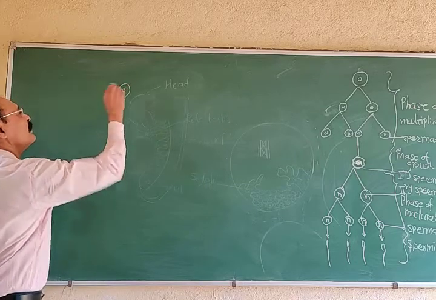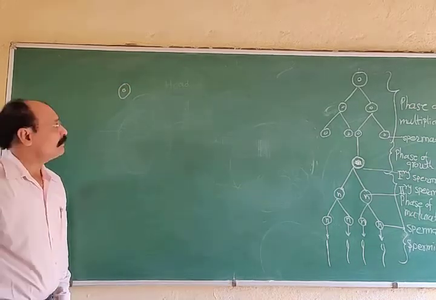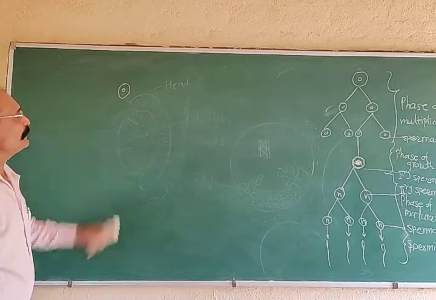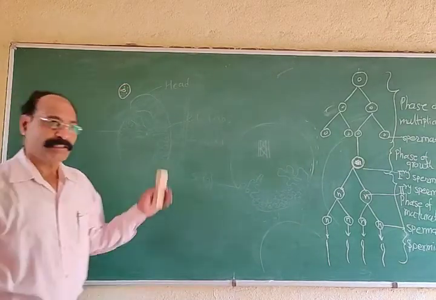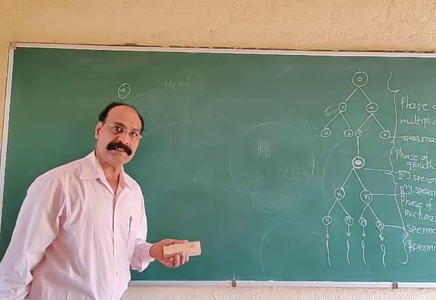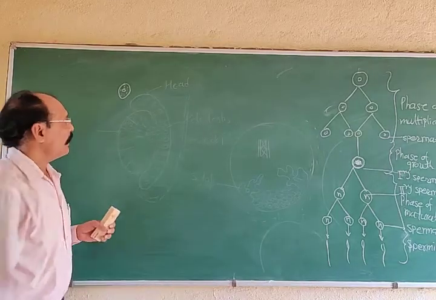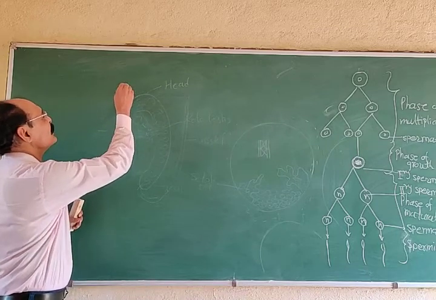The spermatid is a simple cell having a large nucleus and cytoplasm. In the cytoplasm there are cell organelles such as the Golgi complex and the centrioles.